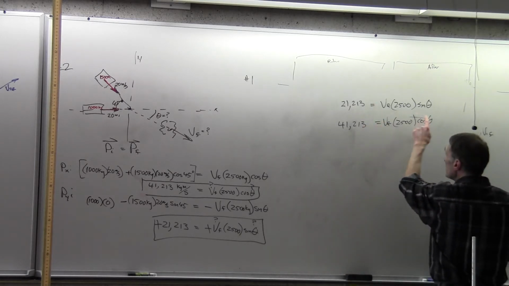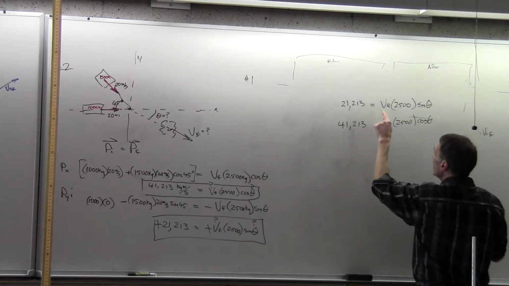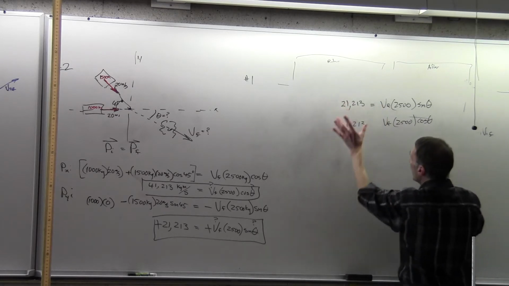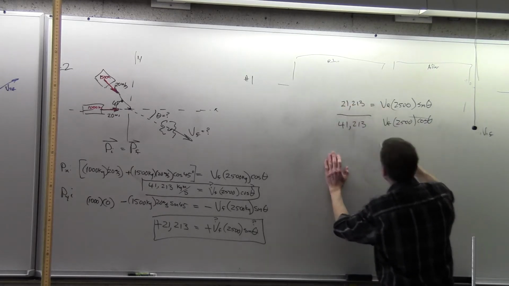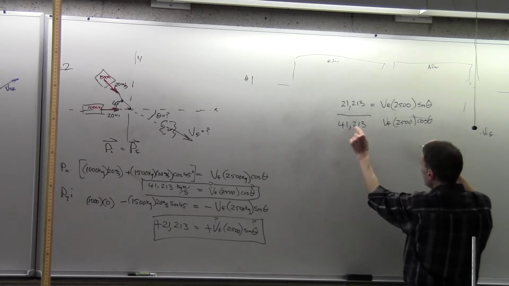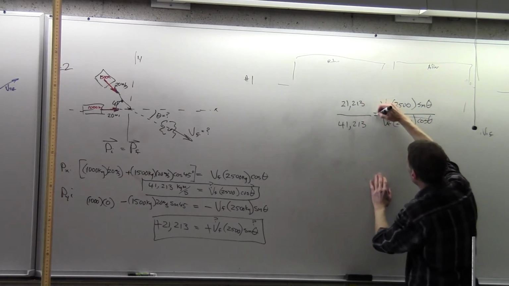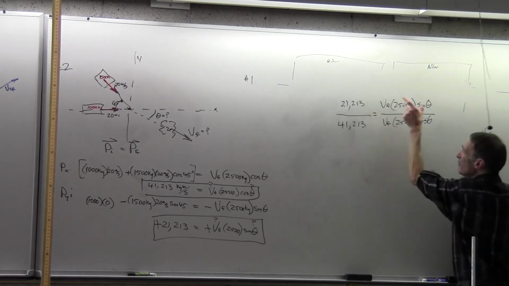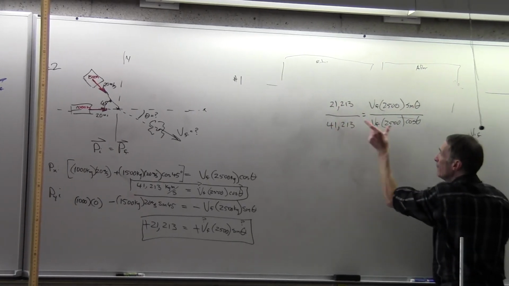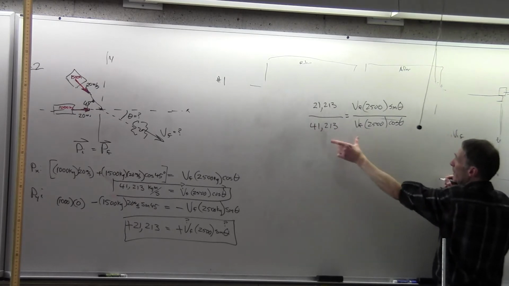And I say, wow, these are both equal. And what if I take this one and I divide both sides by 4,100? This one is equal to this one. Students don't always like this, but do you see why that would be true? This is equal to that. I'm going to divide them both by 4,100.